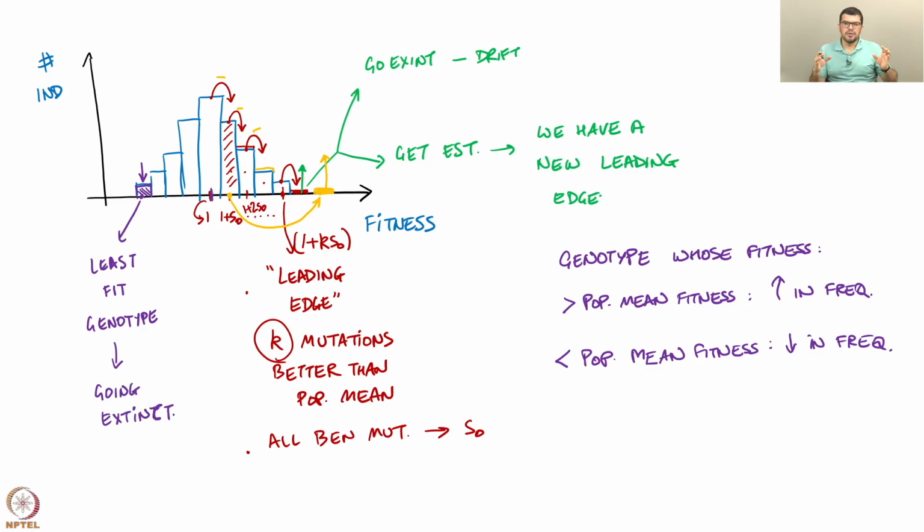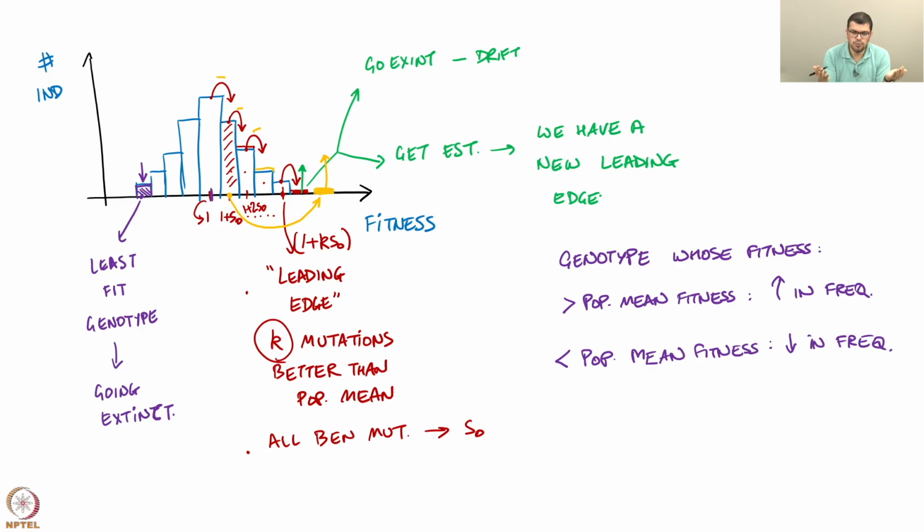These two dynamics are being played out at the two extreme ends of this distribution, and at steady state, when the population has been adapting and newer mutations are coming up at some rate, the older genotypes are going extinct at some rate, a balance will be established between the two.